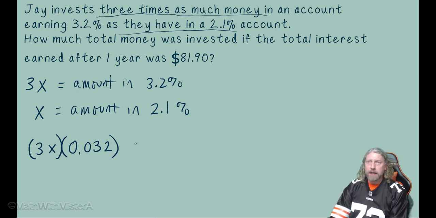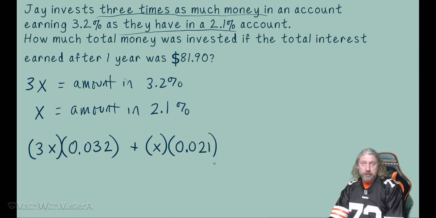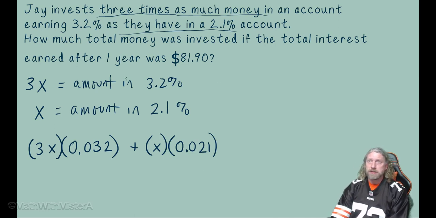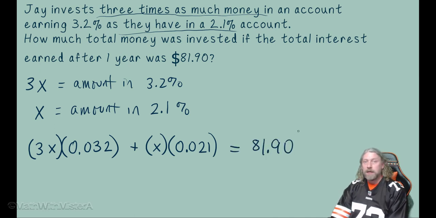In the second account, our principal is only x, and the interest rate 2.1%, so 0.021. There's the amount of interest from the second account. And we know the total interest is $81.90. So when we add up the interest from the first plus the interest from the second, it should equal 81.9. Now let's work to solve this equation.